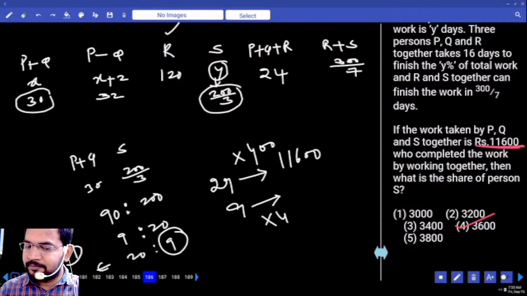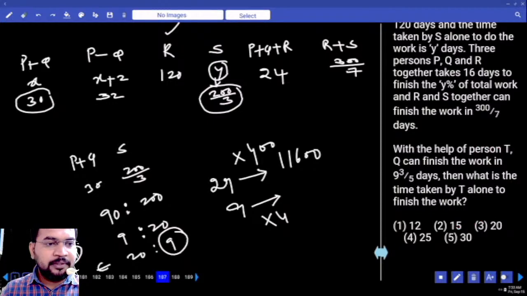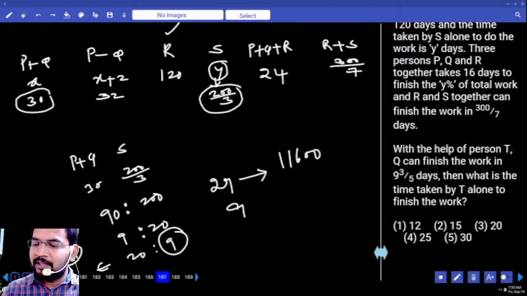Next, question number 187. With the help of T, Q can finish the work in 9 by 5 days. Then what is the time taken by T alone to finish the work?